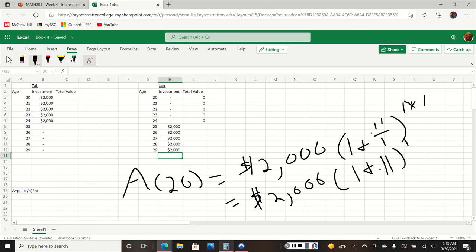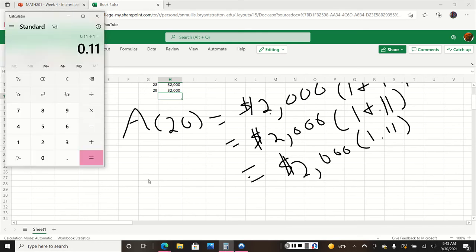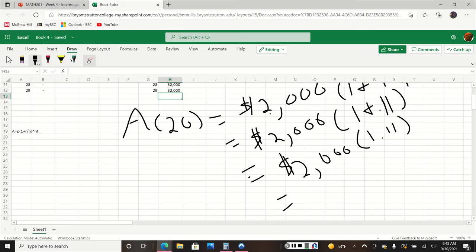And then that would equal 2,000 times 1.11, and 2,000 times 1.11 equals 2,220.